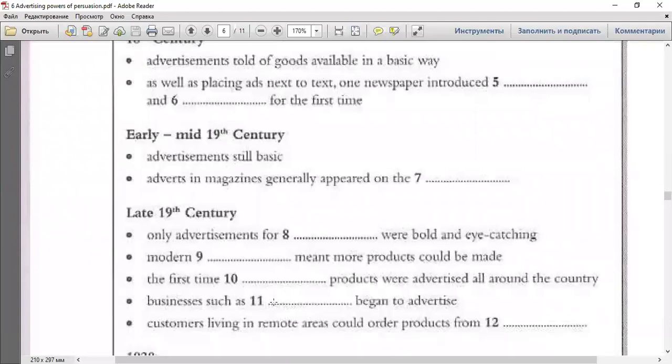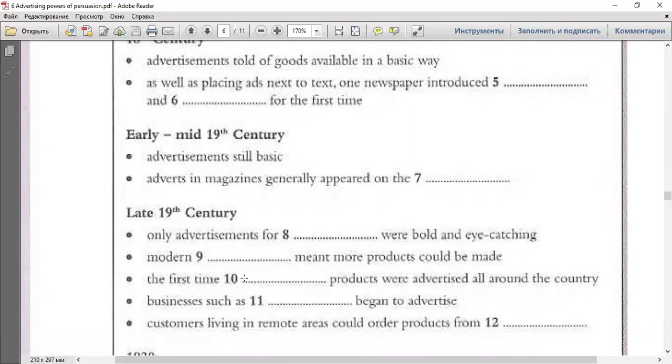So it says in the text that patent medicine ads proved the main exception to this pattern. Okay, so the answer here could be medicine, or if you want, patent medicine. Either patent medicine or medicine, both of them would be correct.